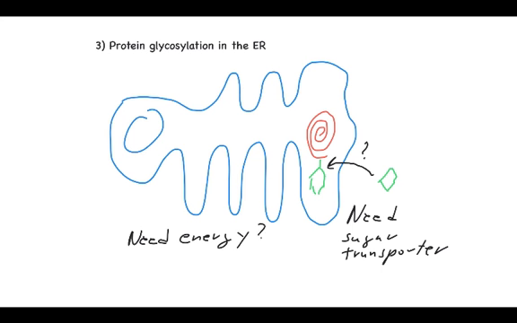But that also raises a whole other set of questions. Do I need energy in order to concentrate sugars in this relatively small membrane-bound compartment? Also, as I consume sugar and throw off byproducts as part of the glycosylation system, how do I get rid of those byproducts? Do I have another set of transporter systems? So we often think of the ER as just being this membrane bag where things happen, but there's a lot of interchange and transport across it.